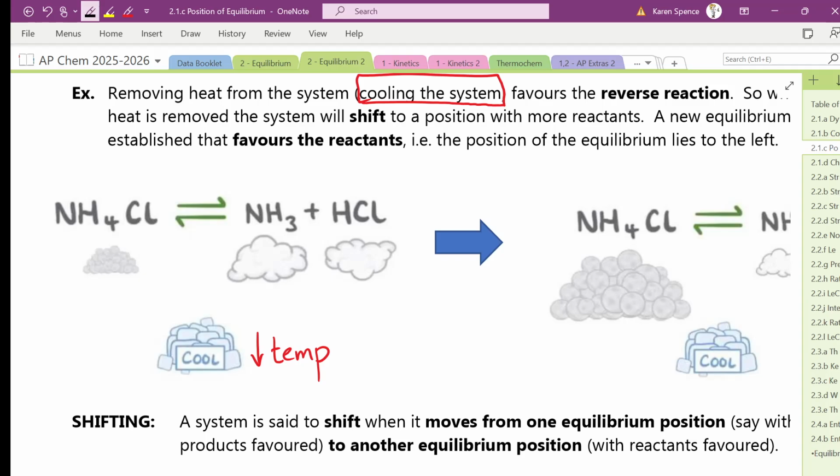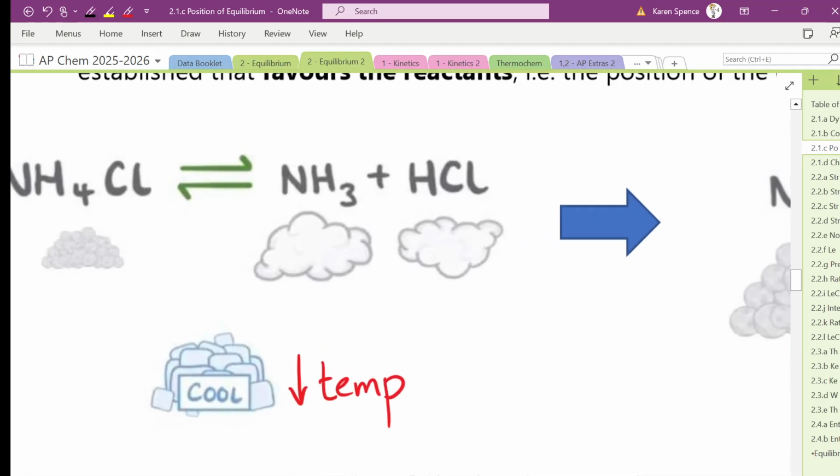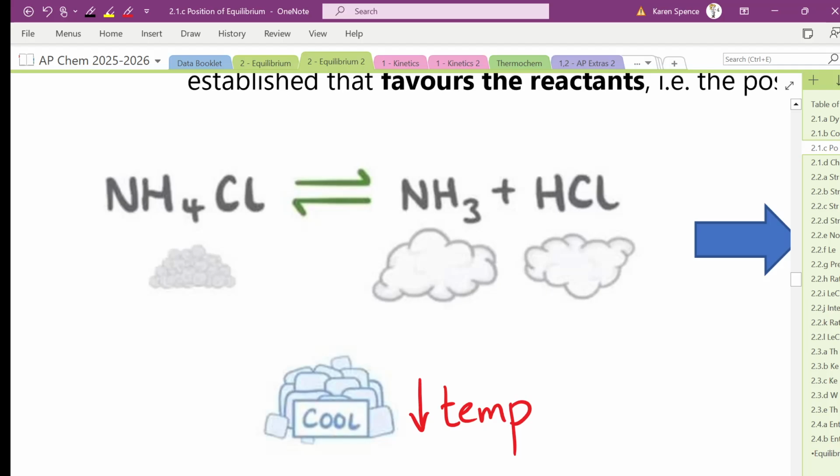In our initial equilibrium, who is favored, products or reactants? Products are favored. What does that mean? Concentration of products is greater than concentration of reactants.